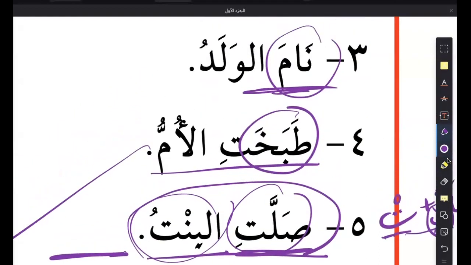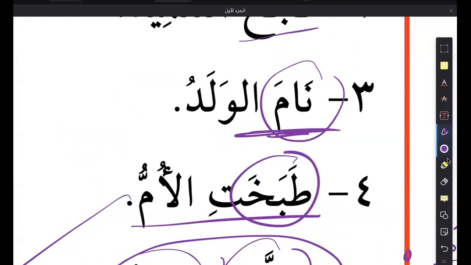The difference is that with the intransitive, fi'l lazim, you cannot add a maf'ul bihi. You cannot add an object. There's no way we can add any object to this verb, nama.